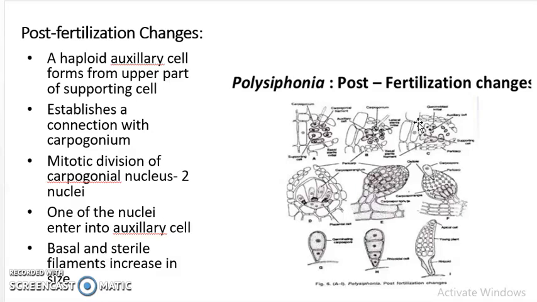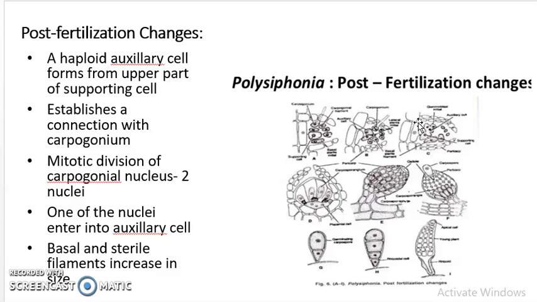The carpogonium and trichogyne gradually begin to degenerate, because the carpogonium gives its nucleus to the auxiliary cell. So now the carpogonium has no role. It degenerates, and the auxiliary cell produces many initials known as gonimoblast initials.